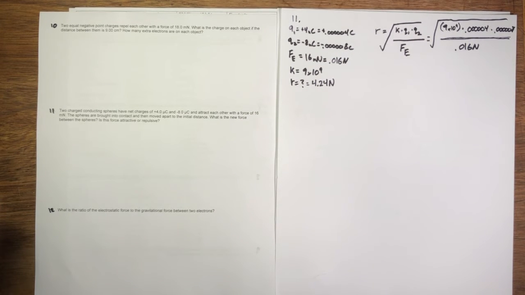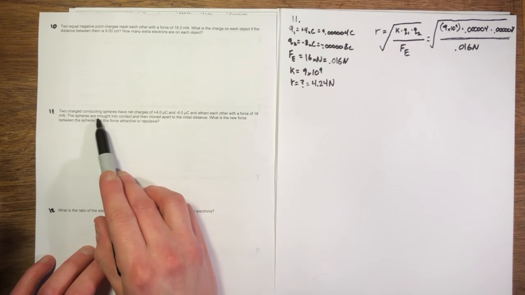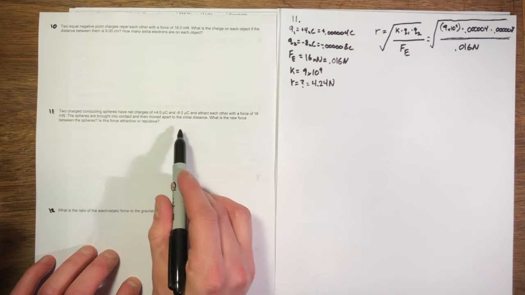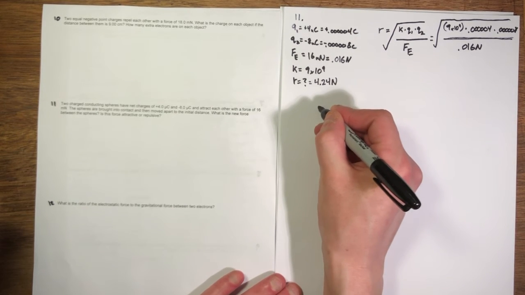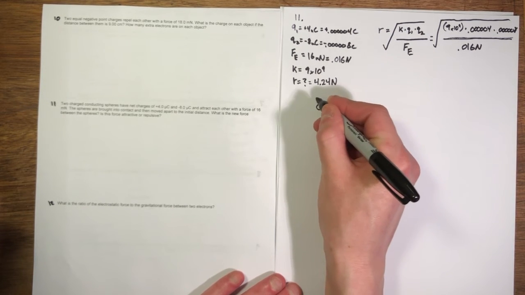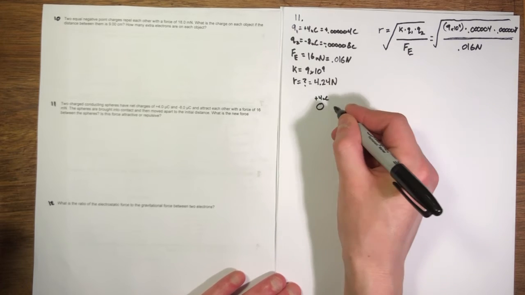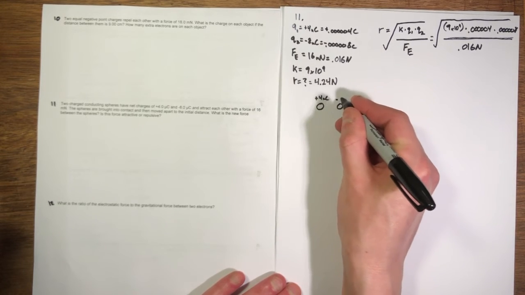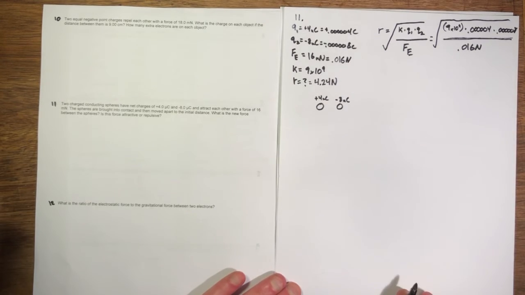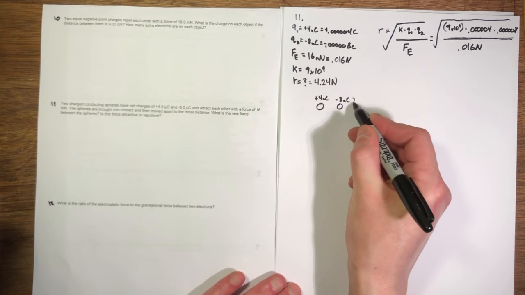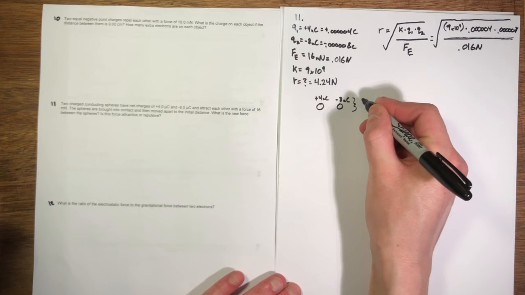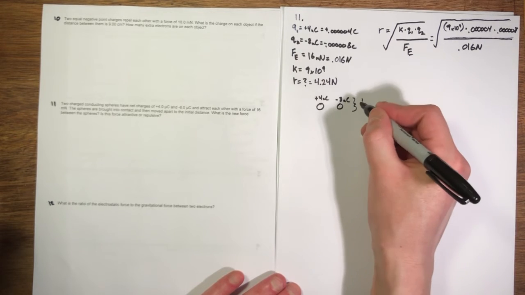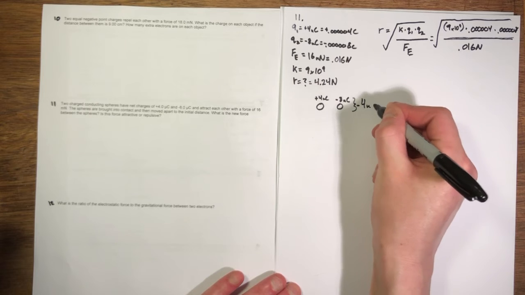Okay. All right, so now we know our radius, but the rest of the question is saying, if the spheres are brought into contact and then moved apart to the initial distance, what is the new force between these spheres? So, if these two touch, we have one sphere at +4 and one sphere at -8. In total, we have an overall net charge of -4, right?